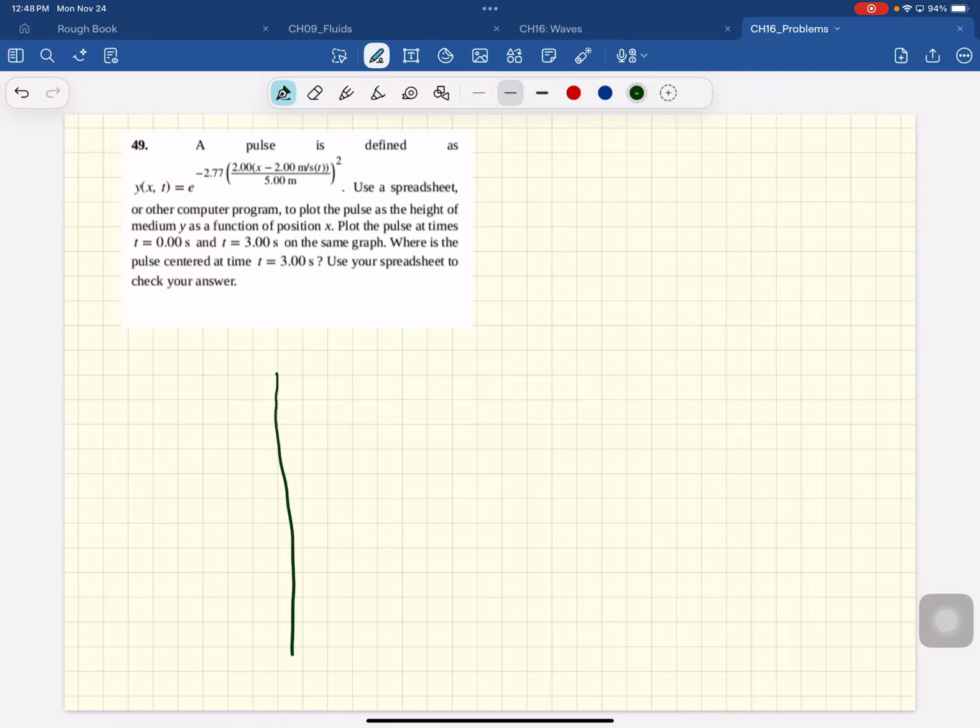Again, this is a bell curve, just like the previous pulse, and the amplitude is 1.